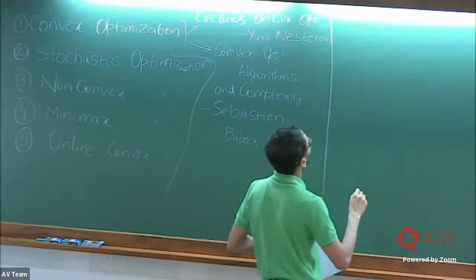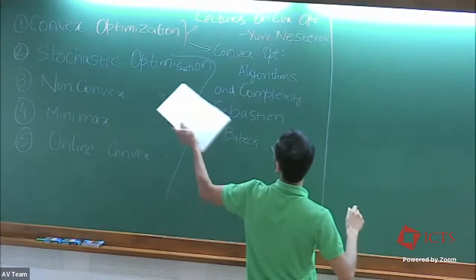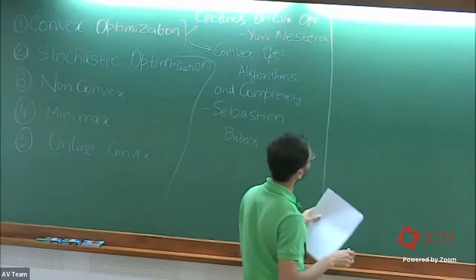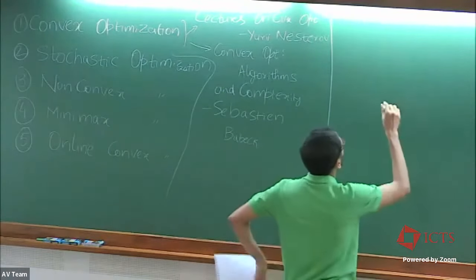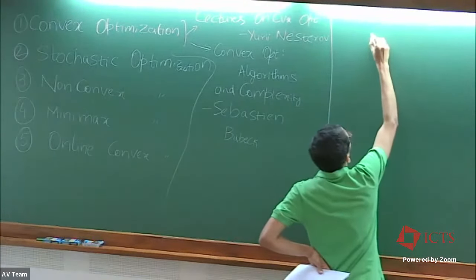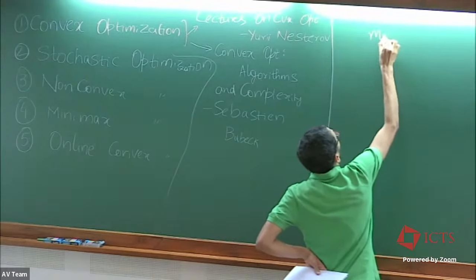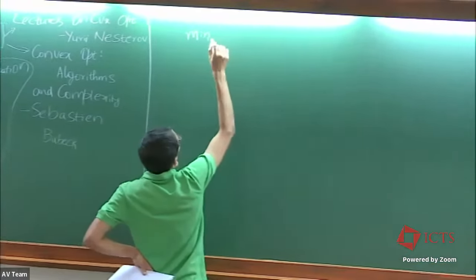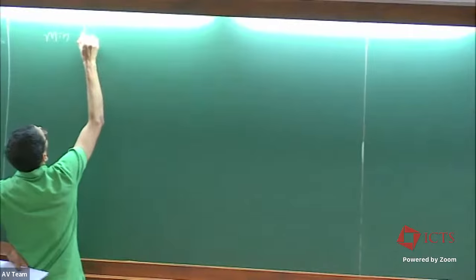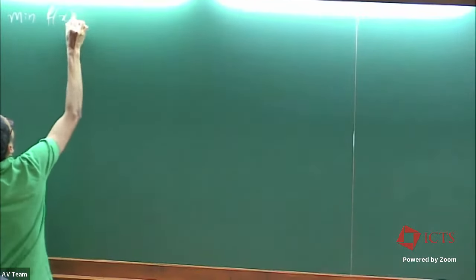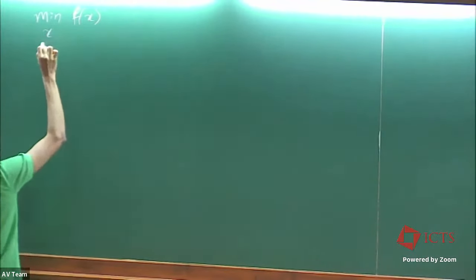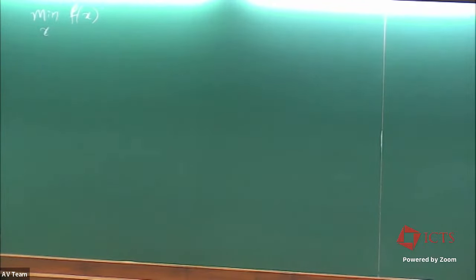So let's begin. In this lecture, we'll be focusing on convex optimization. But let me first give you what we mean by optimization. Optimization refers to the canonical task of solving something like this: we have a function f of x over some variable x, and we want to find an x that minimizes this function.